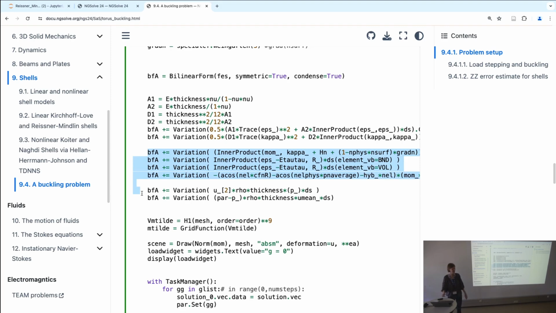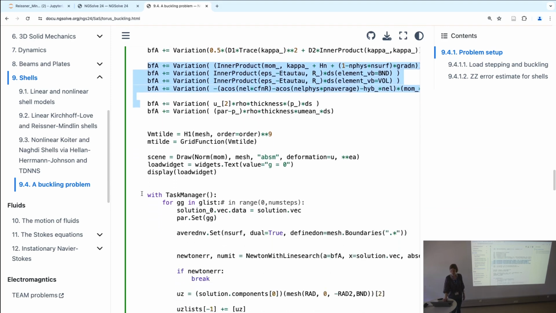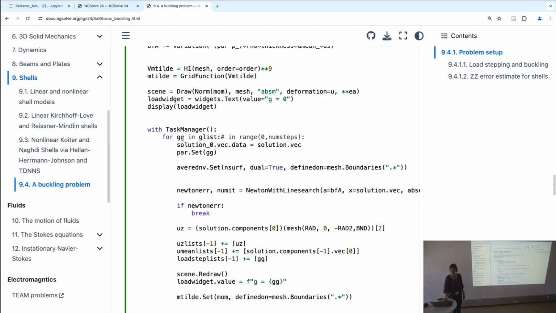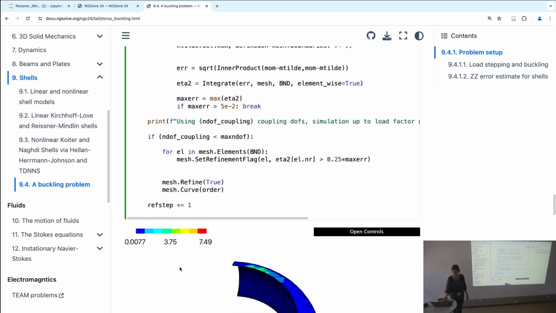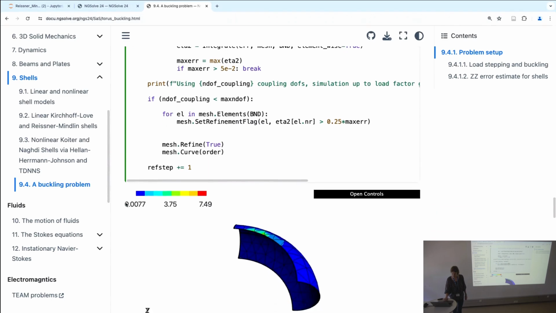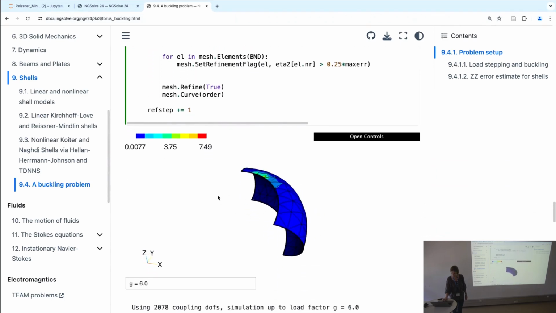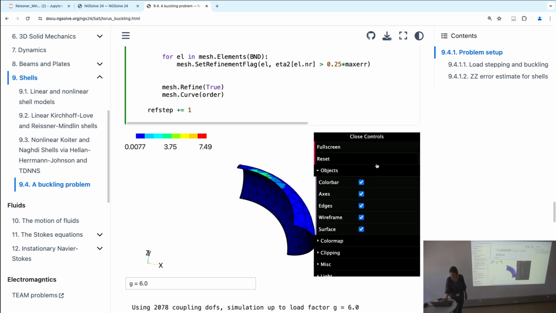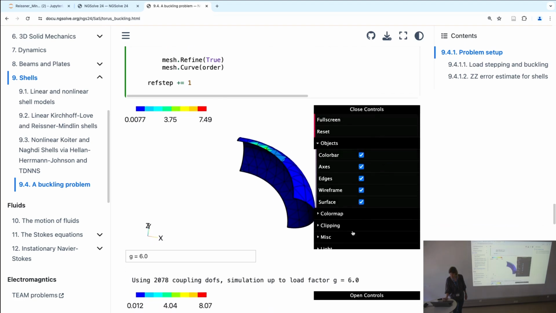You just take that, copy-paste. And then we do some load stepping. And at some point, when the buckling point is met, your Newton method will not converge. So that's when we did that on this mesh, that's about as far as we got. I think the deformation is added. Where do I see that?